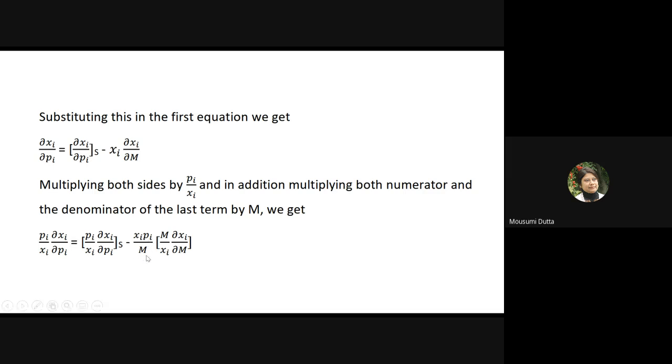This ratio Xi Pi by M indicates expenditure on a particular commodity with respect to the total income. So proportion of income spent on a particular commodity into M by Xi into del Xi by del M. So if I use this format, this is the elasticity format.